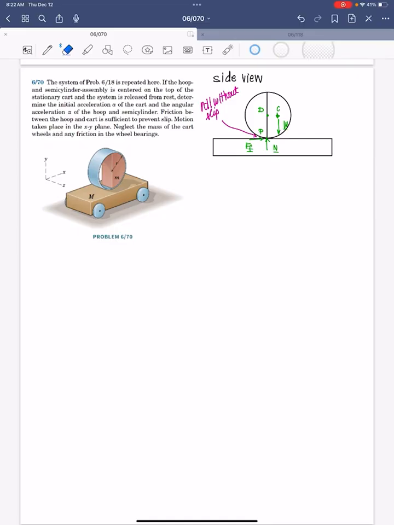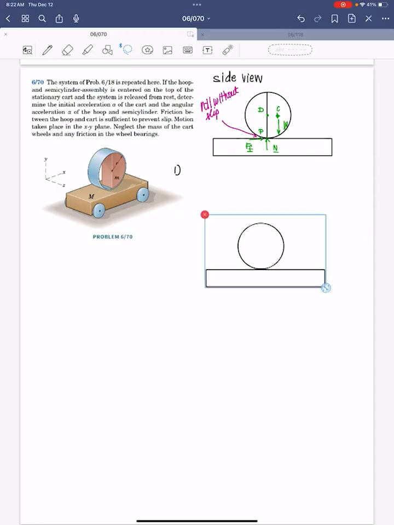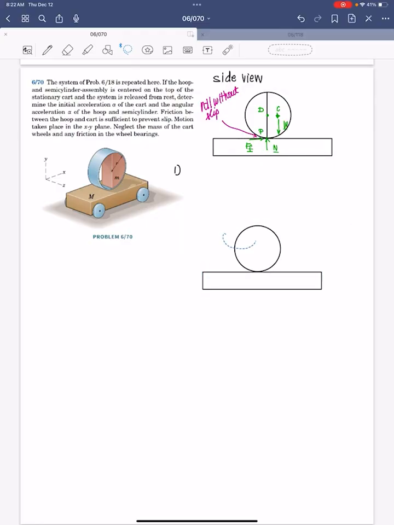I will first want to find the position vectors of the center of masses of each of these objects. Let me draw them again. Maybe I'll just copy and paste. I do want to make my position vectors general, so I will move this cylinder a little bit, and now it's tilted.